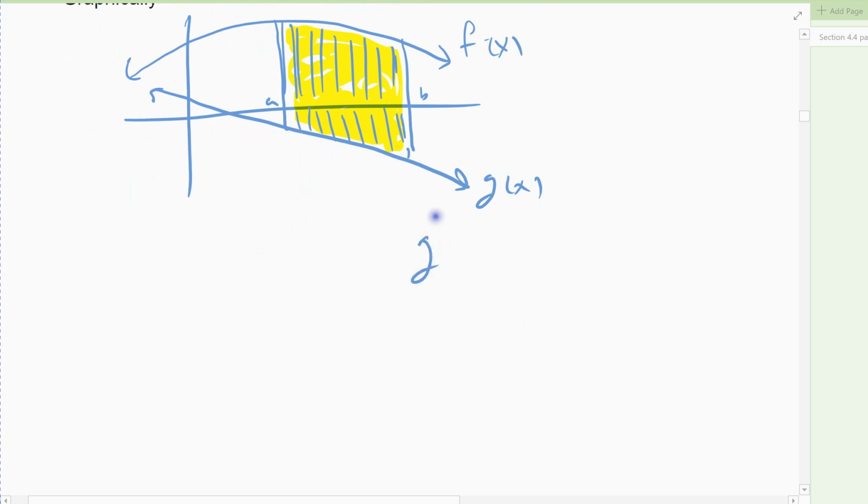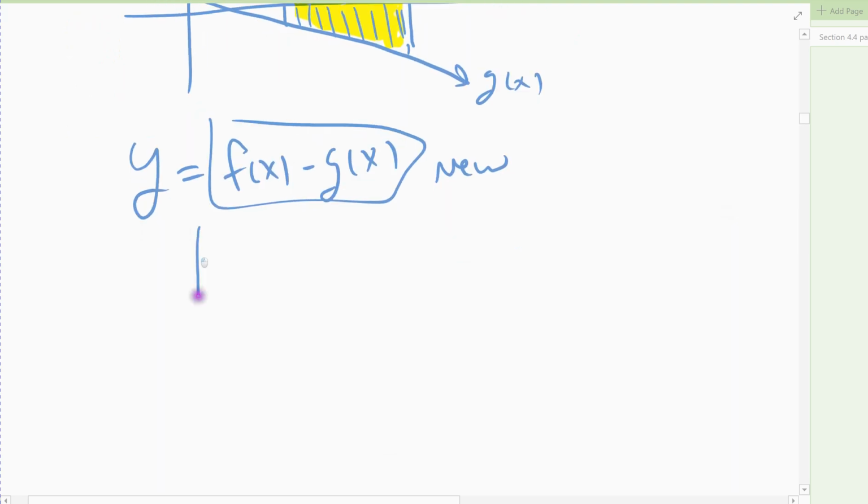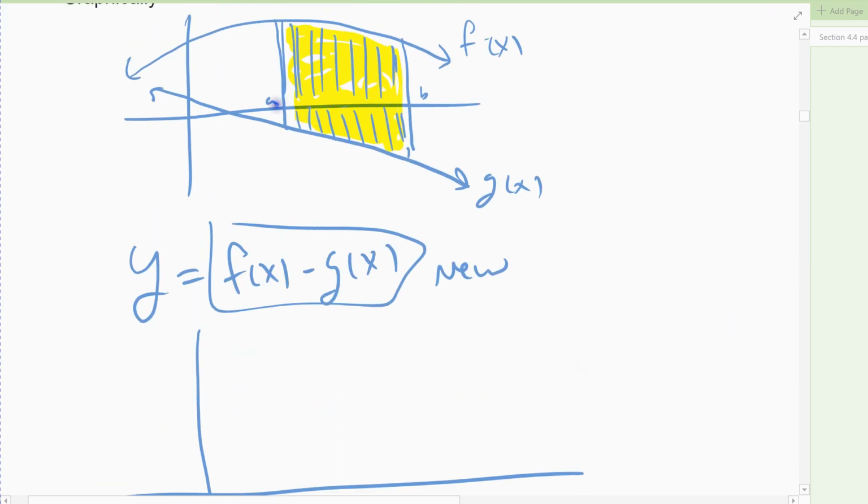Suppose I get my new function y equals f of x minus g of x. This would be a new function, where I take my function f of x and subtract my function g of x. What happens is my y values get added together. I take this y value and add this y value.